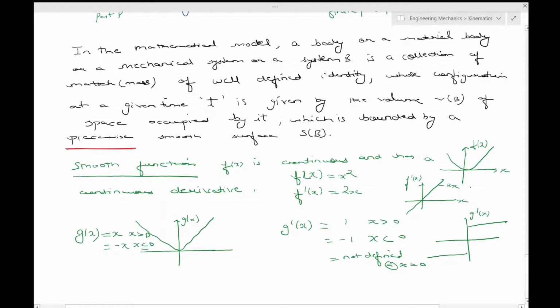It will be 0, but the derivative is not defined at x equal to 0. So clearly there is a jump over here in the derivative in this particular function.